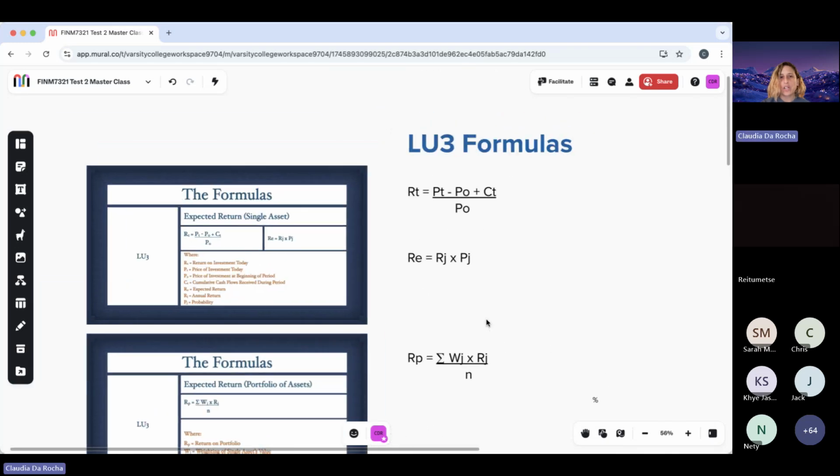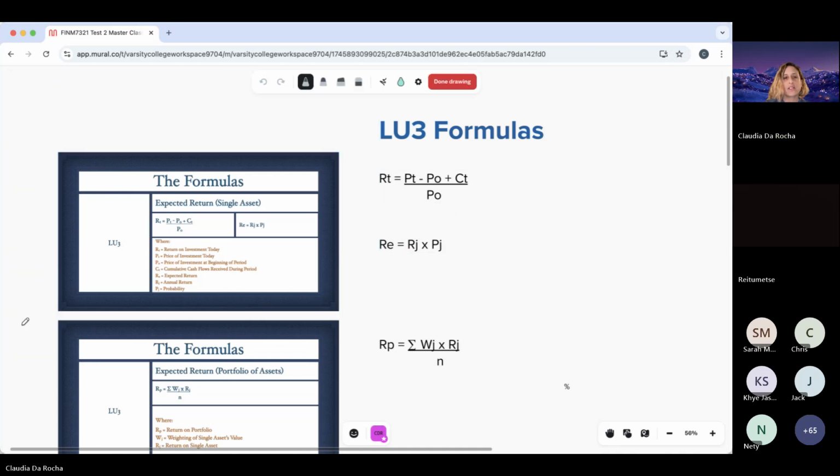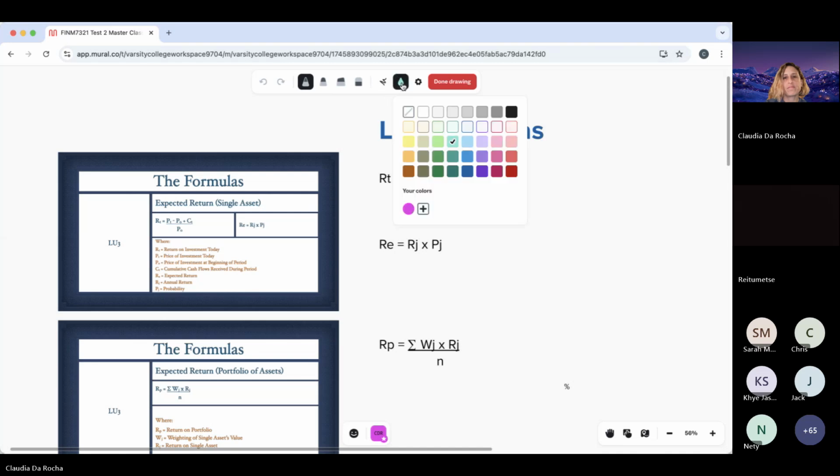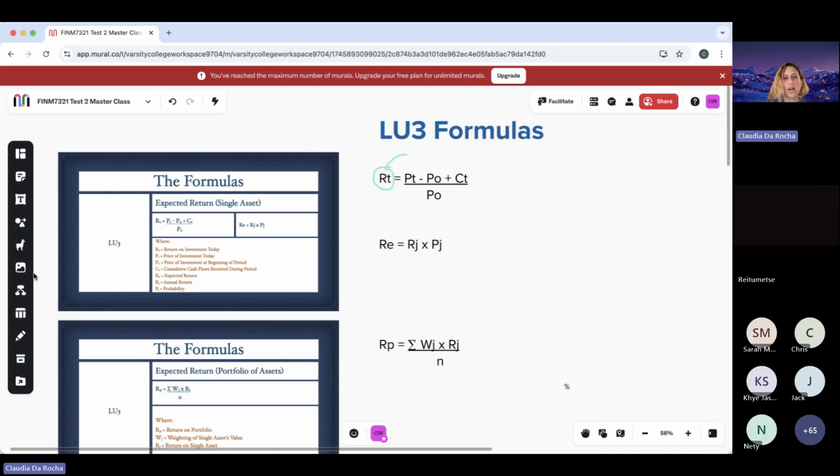Okay, so start with the first one, because you have your expected return on a single asset. Okay, so this symbol is actually also noted as your return on investment, your ROI.